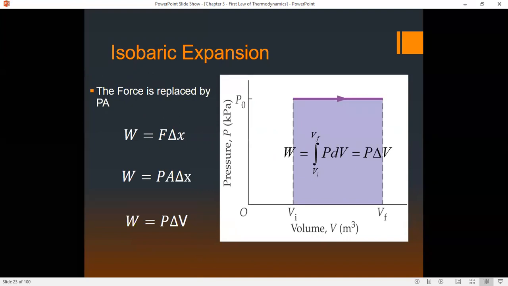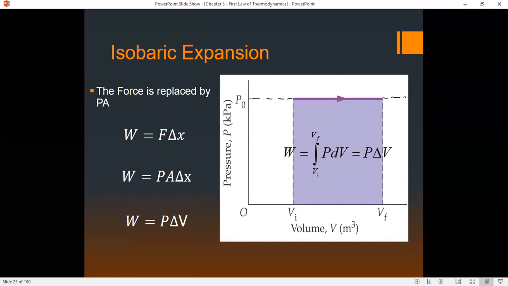Because when we think about this, if the pressure is constant, okay? Let me try that over again. If the pressure is constant, we're going to remain at this particular level. We'll get a horizontal line, okay?